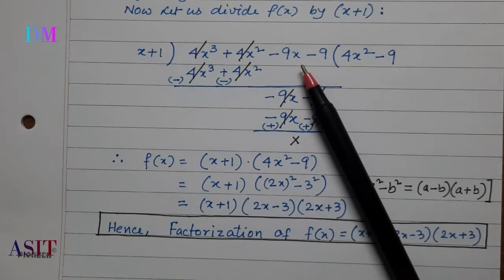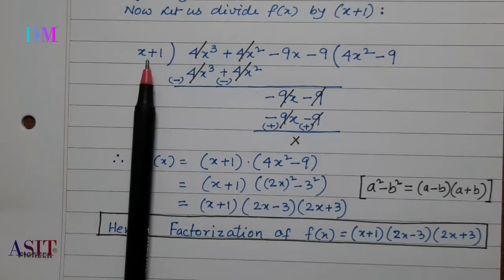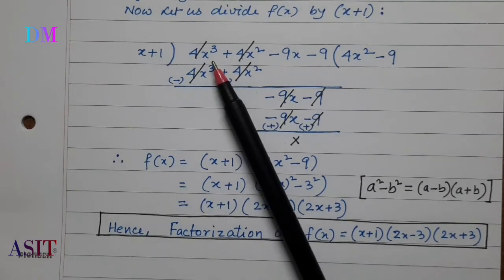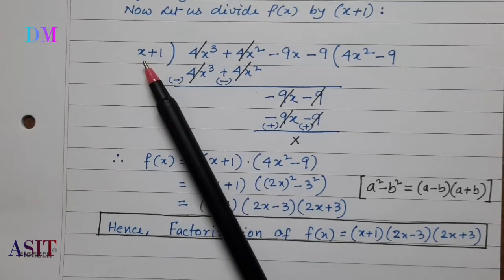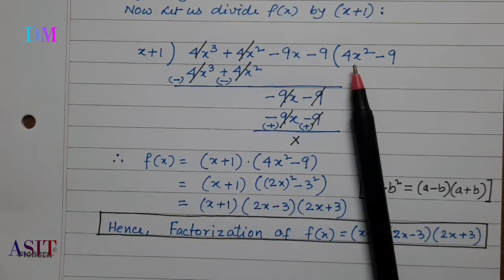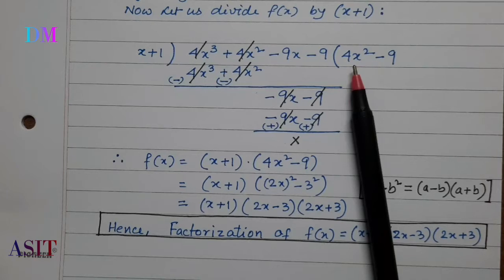So this is f(x), the dividend polynomial, and we are dividing the polynomial by x plus 1. Now we can see that the leading term of f(x) is 4x cubed. What should I multiply with x to get 4x cubed? It is 4x squared, so I will write 4x squared in the quotient polynomial part.